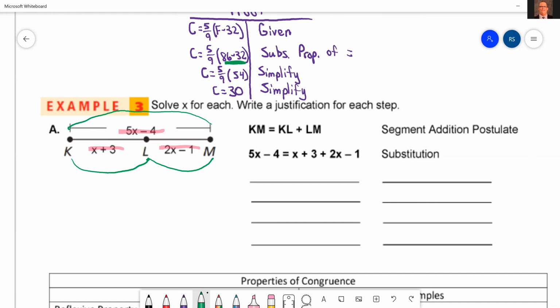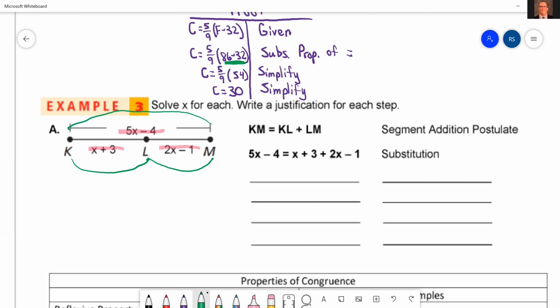So our first step here, they want us to solve for x. This KM equals KL plus LM. Right now, just take it for what it is. It's called the segment addition postulate. And this is really important. There's multiple problems on your assignment like this. So I hope you're paying attention.